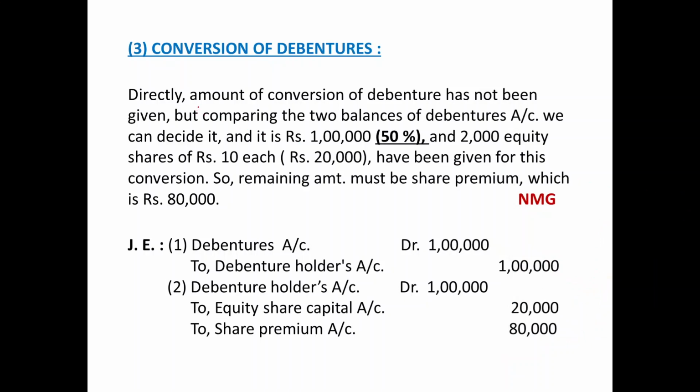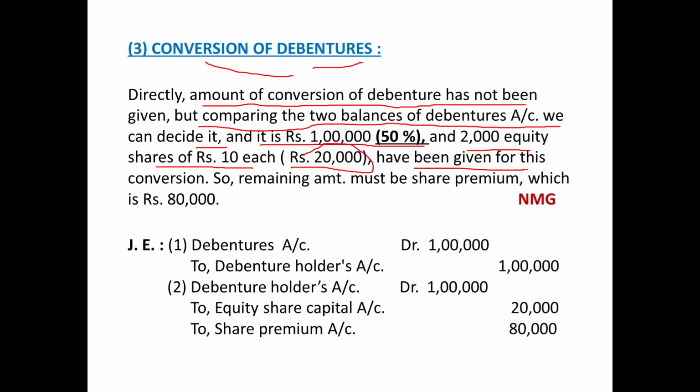Have a look at this working note, conversion of debentures. Directly the amount of conversion of debenture has not been given, but comparing the two balances of the debentures account in the balance sheet, as we already verified, we can decide it and it is rupees 1 lakh, that is 50%. And 2000 equity shares of rupees 10 each, that is total 20,000, have been given for this conversion.